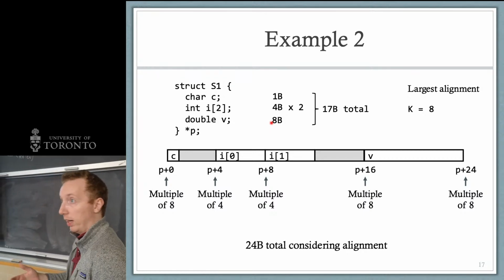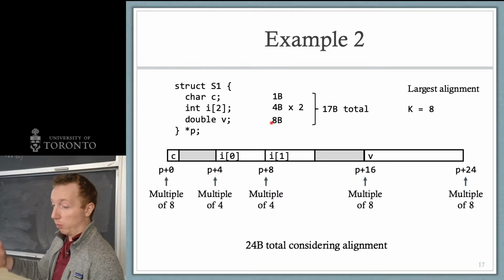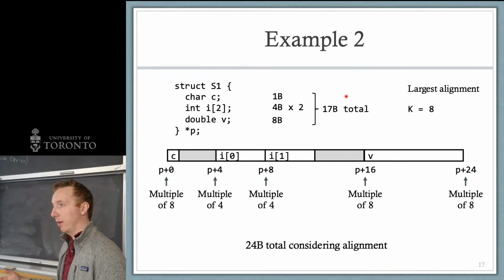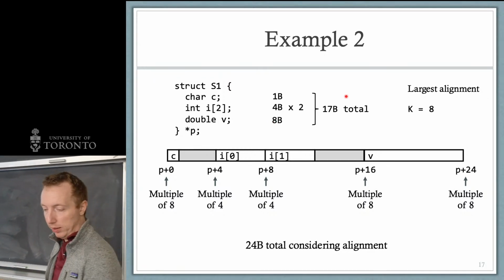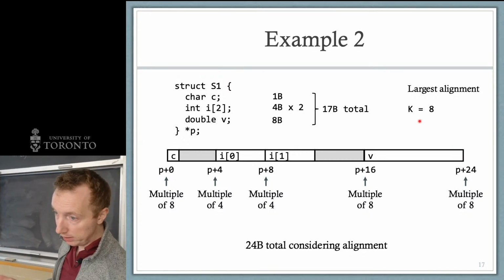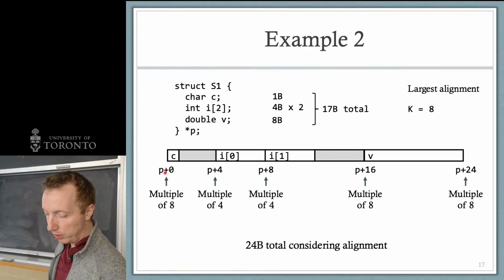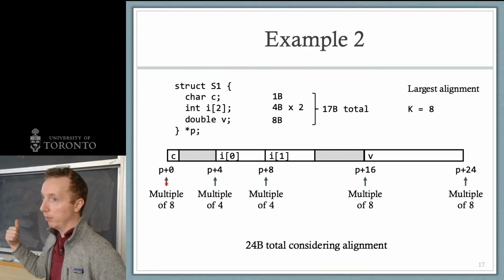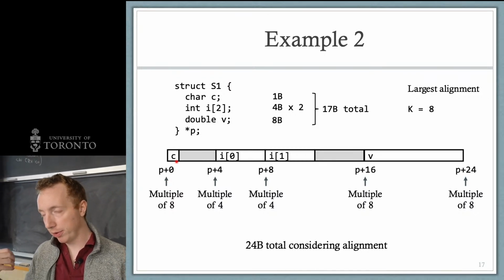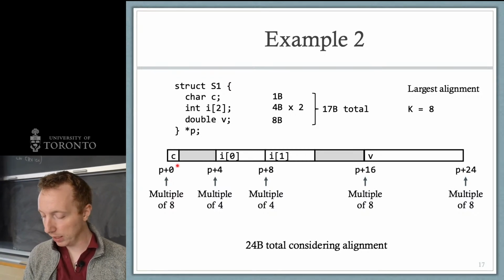So we have just raw 17 bytes in total. But we also have to make sure everything's aligned and laid out in memory in the same order. So our largest element is 8, so our pointer that goes to the structure will be 8-byte aligned. Like before, the char will start it off. It's the first thing, at the beginning.